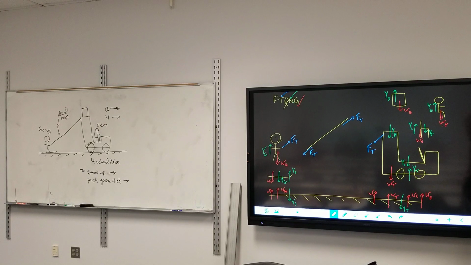Which way is the road pushing on it? To the right. Which way is the normal force acting on it? Well, what does normal mean? So would it be going down? What does normal mean?